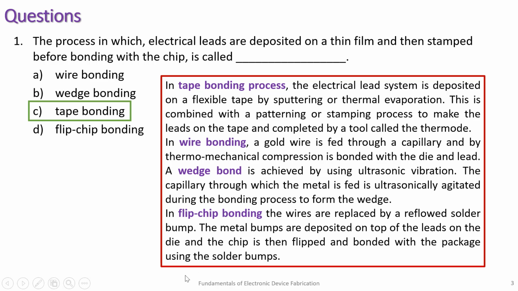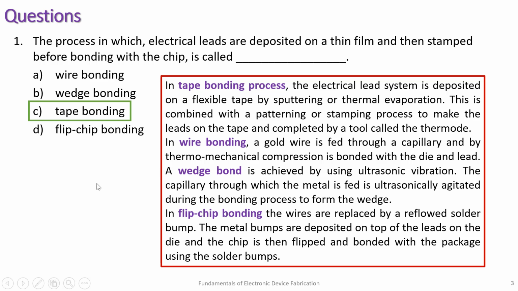So these are the explanations for all of this. Basically in tape bonding, the lead system is deposited on a flexible tape by sputtering or thermal evaporation. Then it is combined with patterning or stamping to make the leads. In wire bonding, as you said, there will be a capillary and a gold wire will be fed, and using thermomechanical compression it will be bonded with the die and the lead.